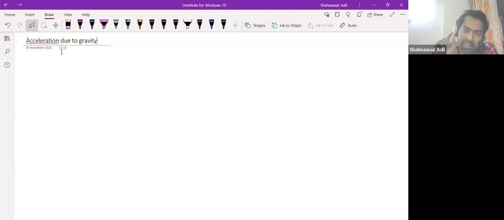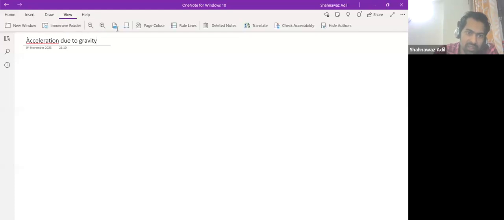But that gravitational acceleration, we will see that that acceleration is only on this surface, right? So when we go beyond this surface, there is a change in the acceleration due to gravity.